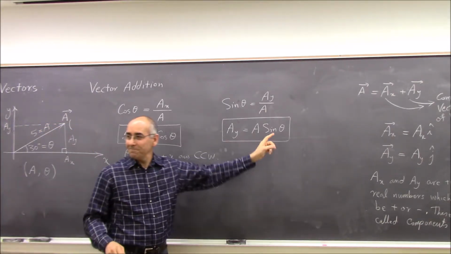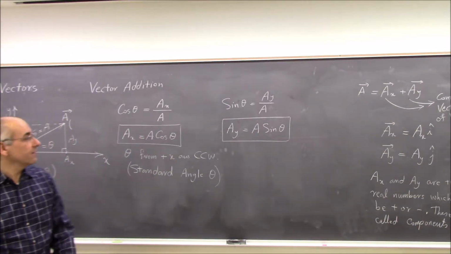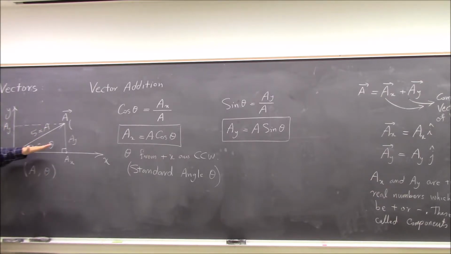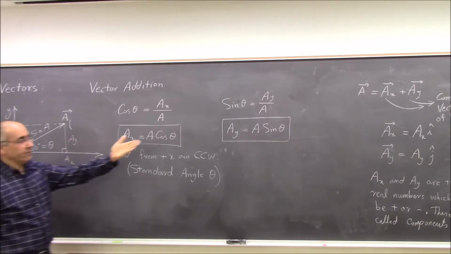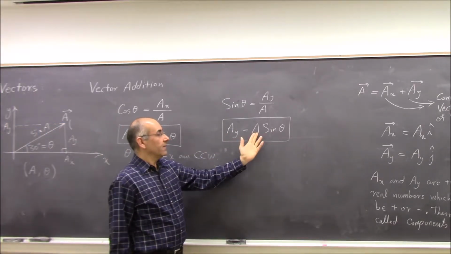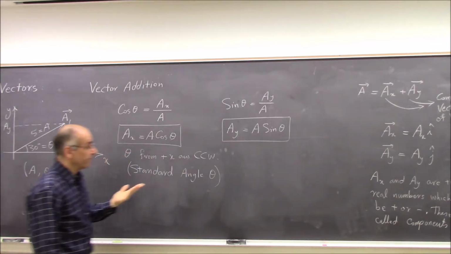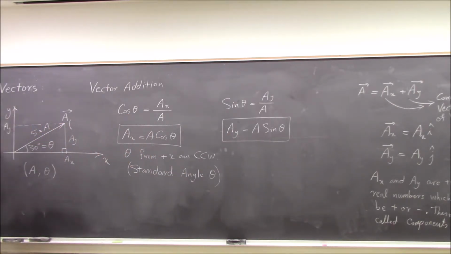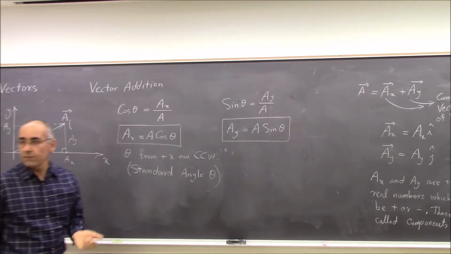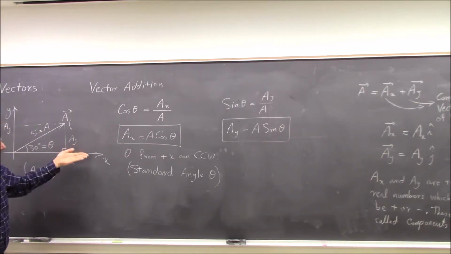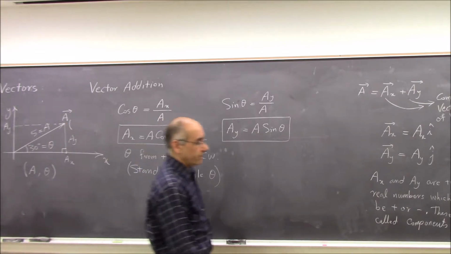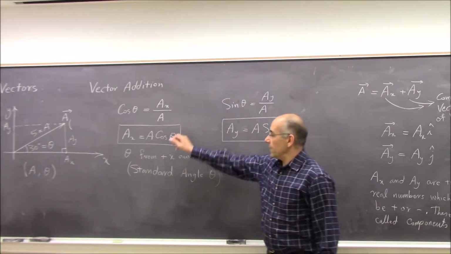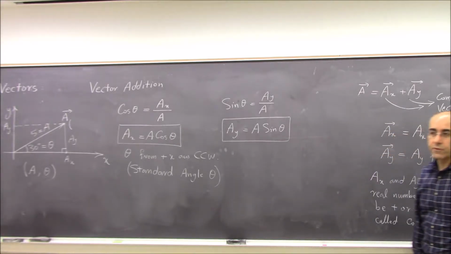For example, if theta is negative in the clockwise direction, like negative 30 degrees, sine of negative 30 degrees is negative 0.5, times A, gives you AY as negative. As long as you're from 0 to 180 degrees, the y component is positive. From 180 to 360, the y component is negative. Or from 0 to negative 180, AY will be negative. So these two work as long as you have a standard value for theta.